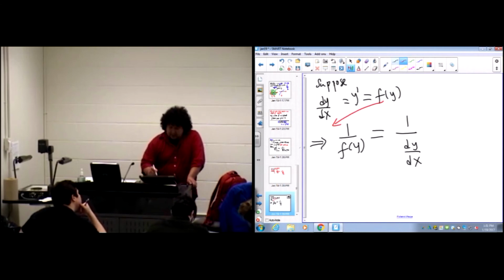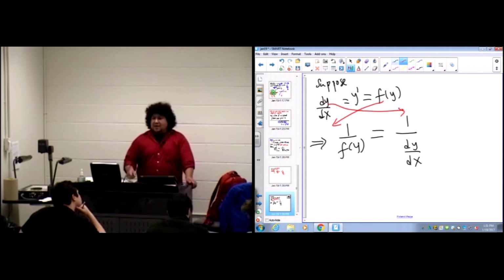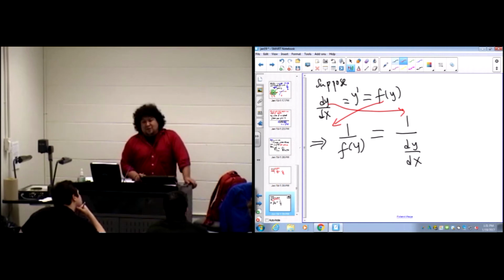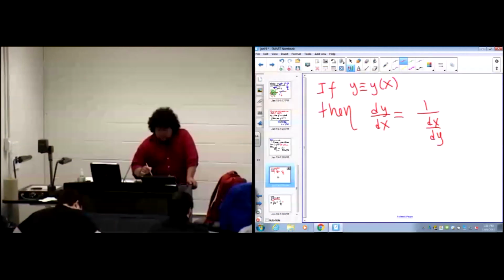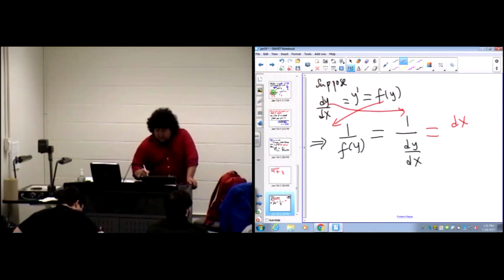All I'm doing there is cross multiplying. Well, I'm calling it cross multiplying, but you can also think of multiplying by the multiplicative inverse. So we can convert that into 1 over f equal to 1 over dy/dx, and this right hand side, because of what we discussed before, becomes dx/dy.